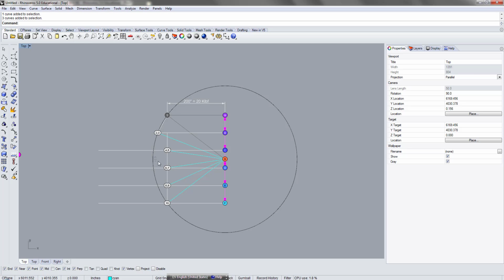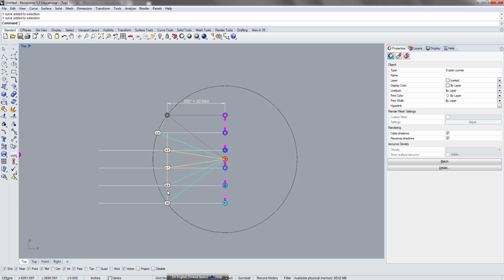All we're going to do is use the intersect two sets command. This is a convenient command when you want to, for example, intersect this circle and this set of lines. So I get these 3 intersection points.